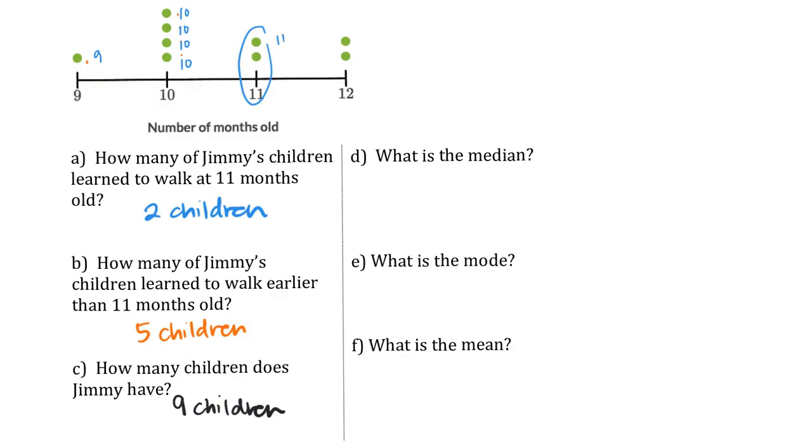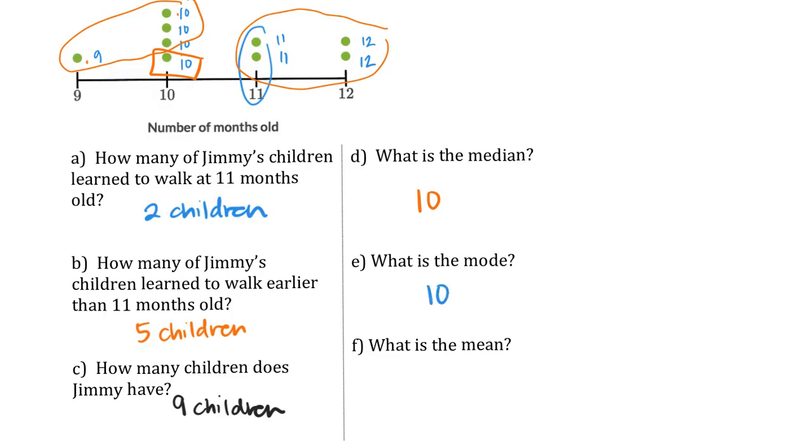This is just one way to do it. So to find the middle, there's going to be 4 on one side, 4 on the other side, and then the leftover number in the middle is going to be this number, which is 10. Okay, what's the mode? The most frequently repeated one? The highest number of dots is at 10.